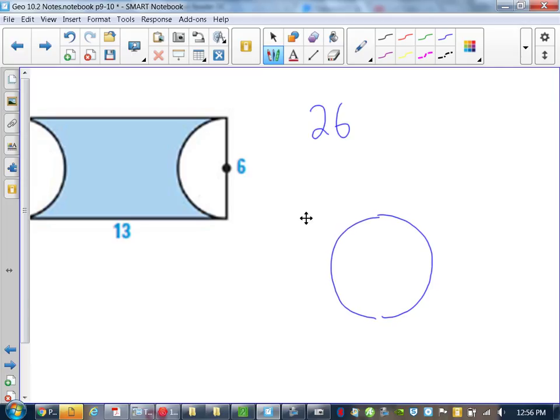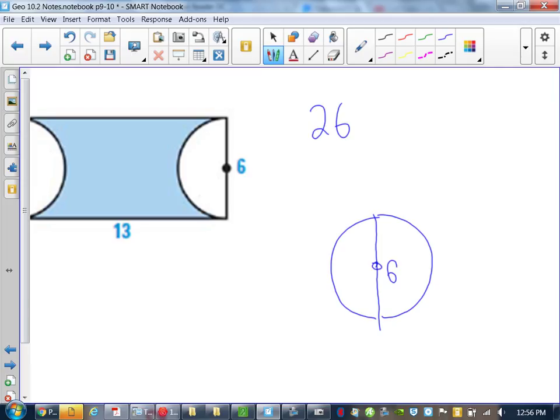The circle in this example has a diameter of what? 6. If the circle has a diameter of 6, that means the distance around the circle is how much? Bigger than 6. Yes, you're sitting too close to somebody in the front row who's a smart aleck.